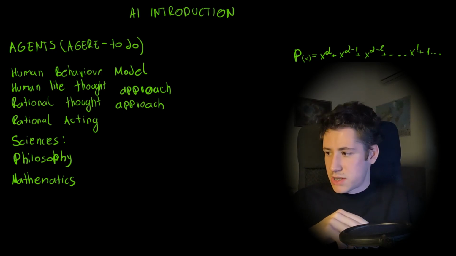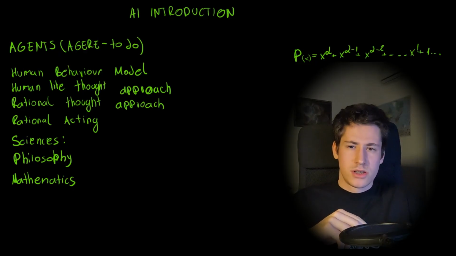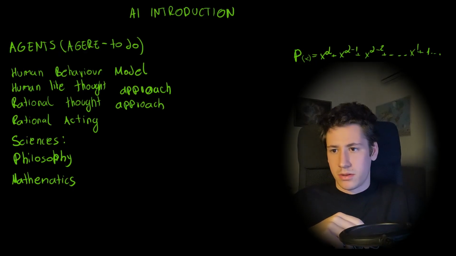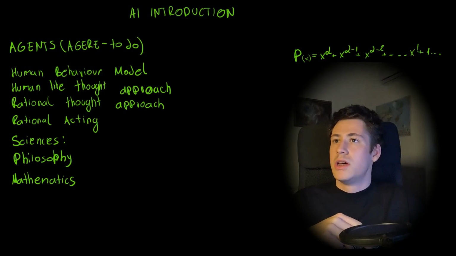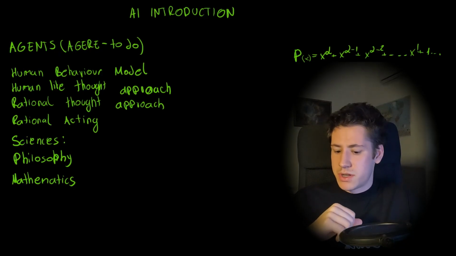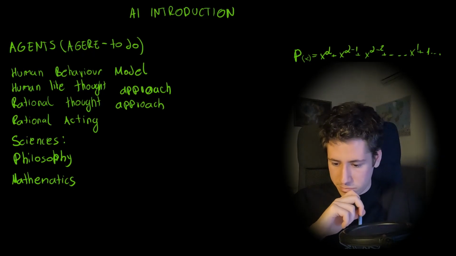Next one is economics, and economics is not just about money, as many people are used to thinking. It is actually a science that covers how we arrive at decisions based on our preferences and the actual payouts in the future.